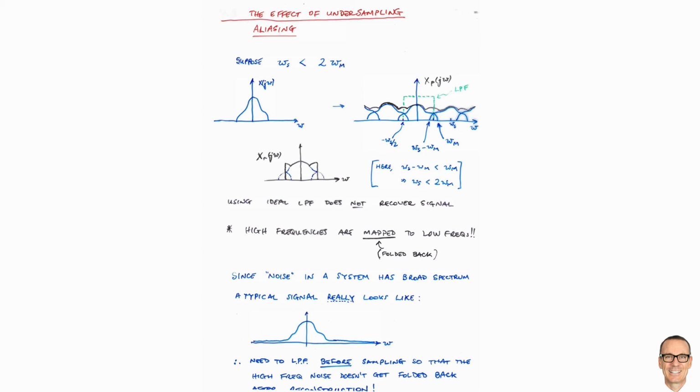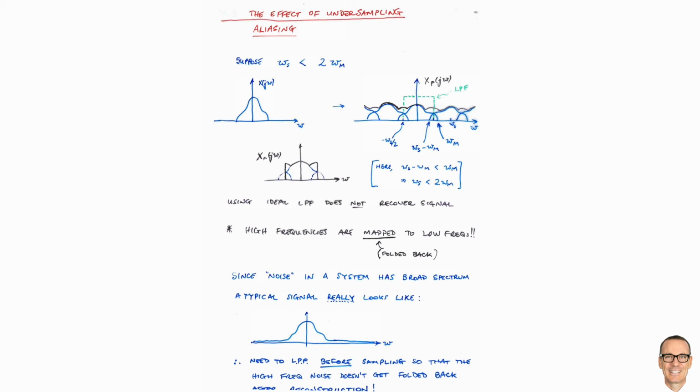If you're sampling at a rate that's too slow, not bigger than twice omega m, then you're going to get overlap in the frequency domain, as we saw before and is drawn there. And if you then apply a low-pass filter, shown in green, the ideal low-pass filter, it's going to cut out all the frequencies above omega s.